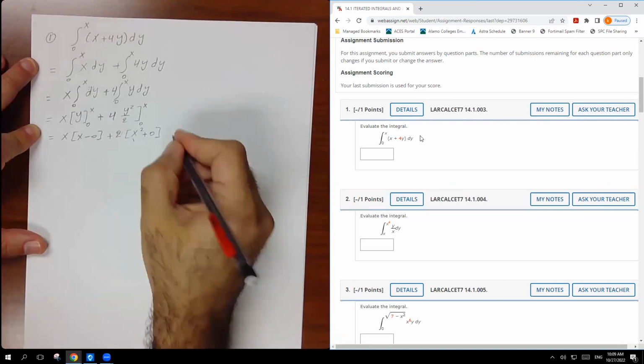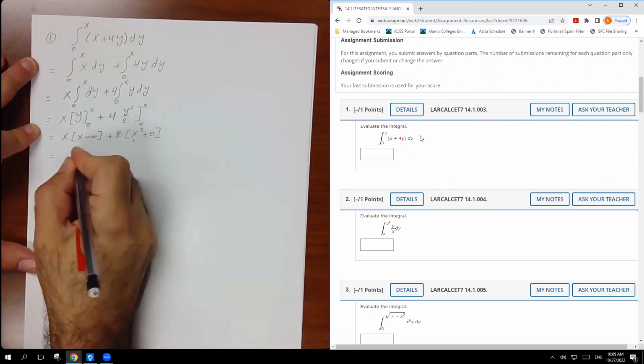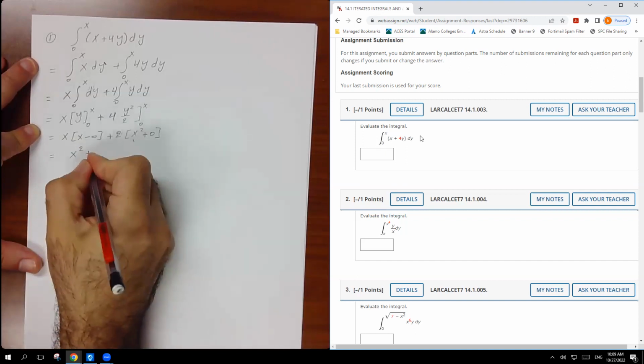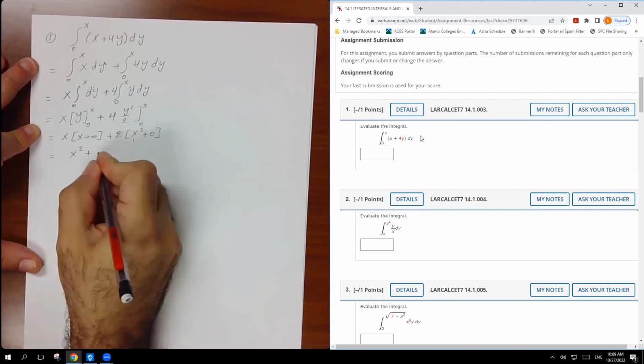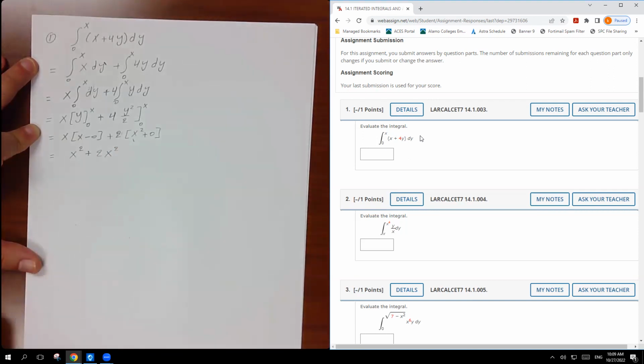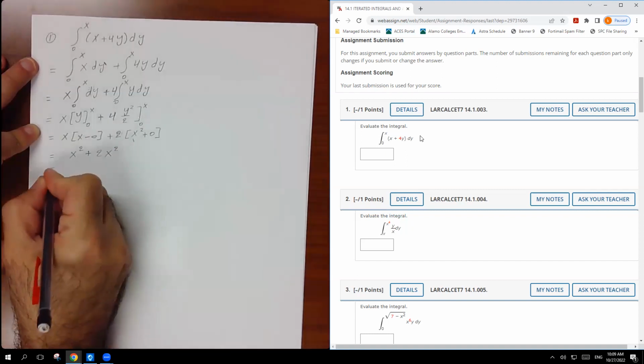That means this one is going to be x times x plus 2 times x squared, and the result is going to be 3x squared, because we're going to add these together.